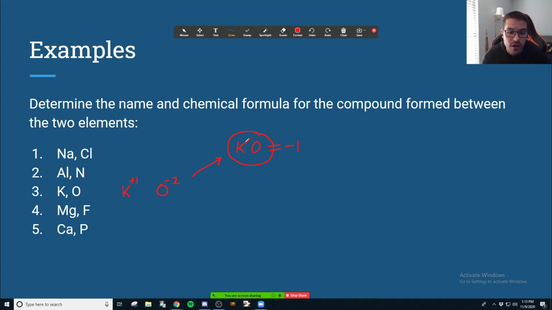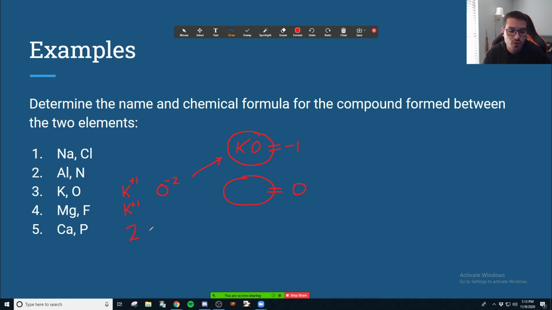We want the overall charge in our formula to be 0. So what does my formula have to be? Well, think of it this way. If I have 1 oxygen, then I would need 2 potassiums, 2 +1s, to counteract the 1 oxygen.